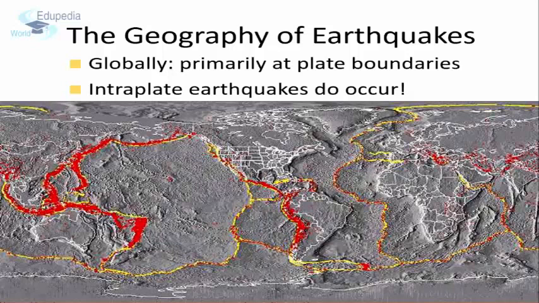We also have some places where earthquakes are experienced and they are not located exactly on tectonic plates. The reason for this is the presence of intraplate fractures called faults.